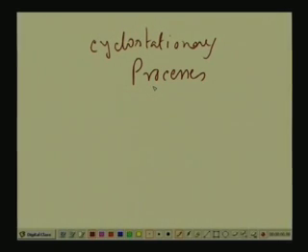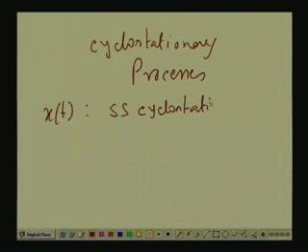That is, if I talk of a cyclo-stationary process which is strict sense cyclo-stationary, that is, if x of t is SS, strict sense cyclo-stationary, this would imply that if you take the probability distribution F, let me make it capital.